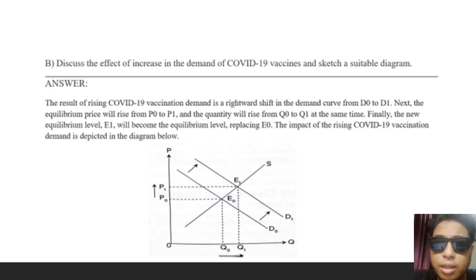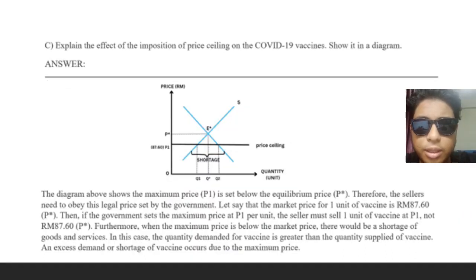Next, the equilibrium price will rise from P0 to P1, and the quantity will rise from Q0 to Q1. Finally, the new equilibrium level that we get, E1, will become the equilibrium level, replacing E0.